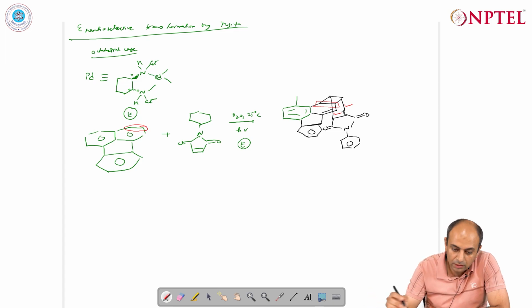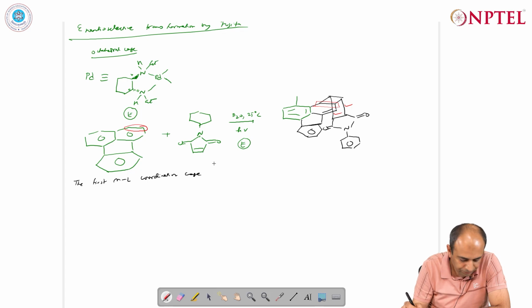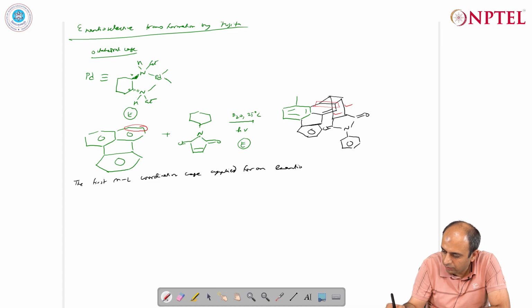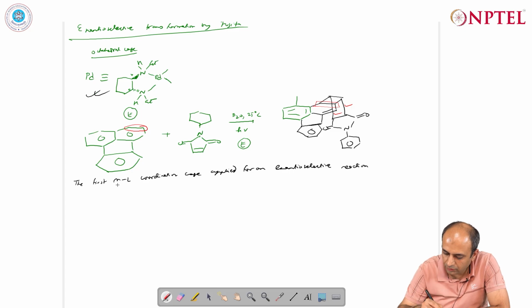So this actually is the first metal ligand coordination cage applied for an enantioselective reaction. Okay, this is Fujita's first metal ligand coordination cage which is applied for an enantioselective reaction.